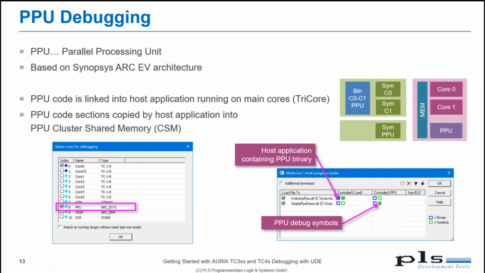You see it on the screenshot here at the bottom. And then we can load the PPU symbols separately into the PPU core debugger in UDE. So it's quite the same. I do not show that here in this webinar because of the time. But if you are interested in PPU debugging, then you can contact our support team as well.